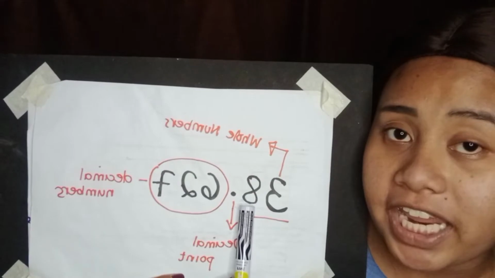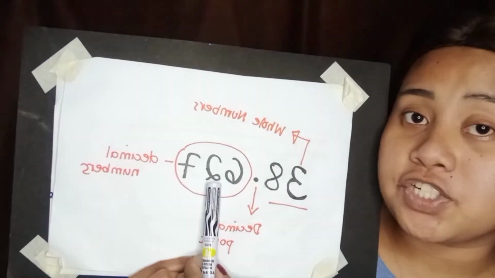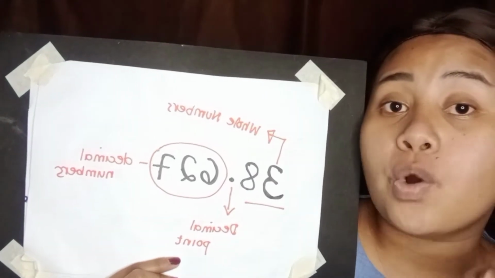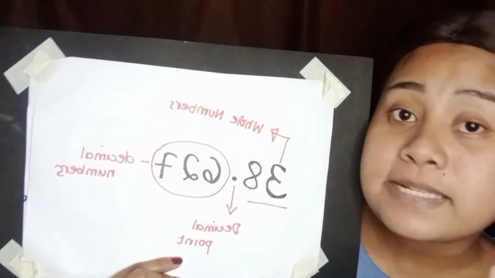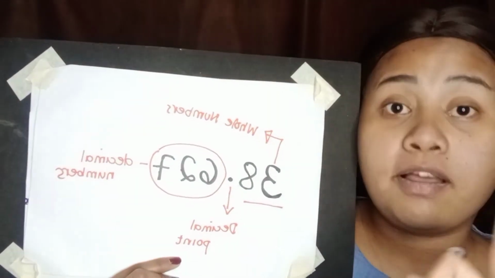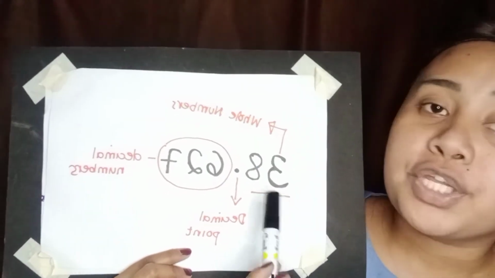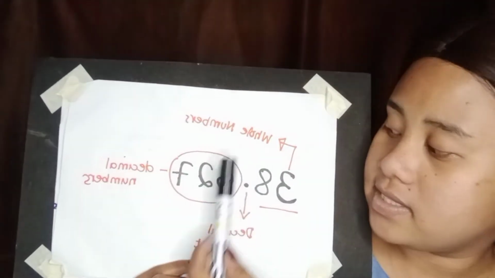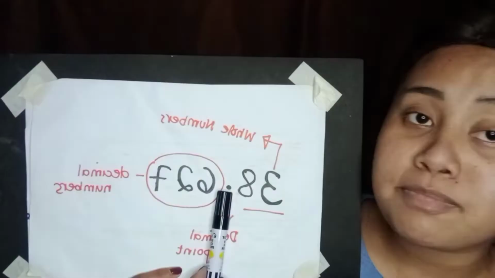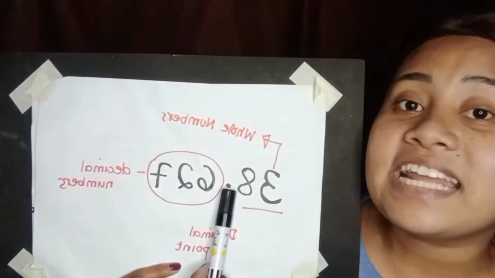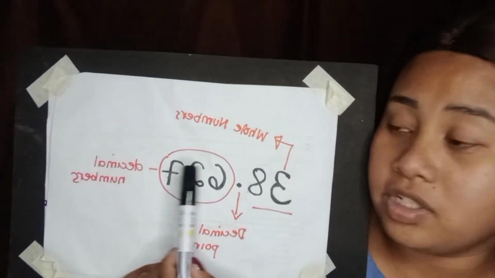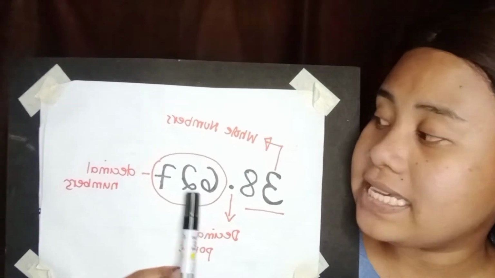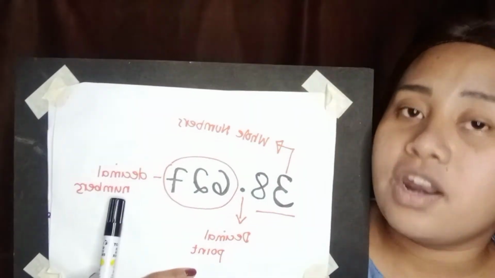Again, 38.627. Now, let's identify where's the whole number, the decimal number, and the decimal point. Now, 38 here is our whole number. However, the decimal point is located in the middle of these two numbers. Then, 627 here is our decimal number.